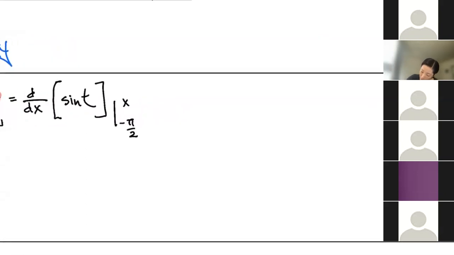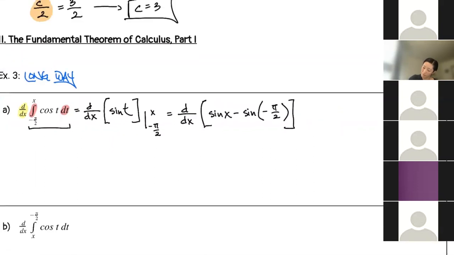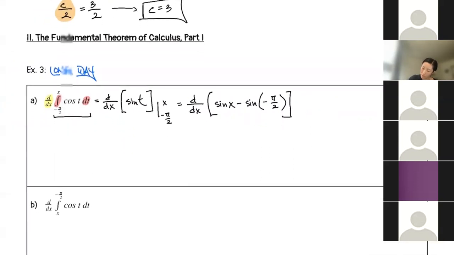And so when we plug in our bounds, we get sine of x minus sine of negative pi over 2. Okay. So let me just pause here for a moment.